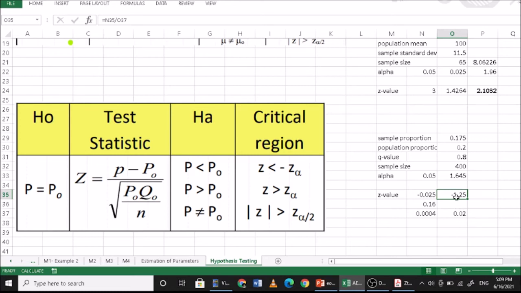Okay? And negative 1.25 is greater than negative 1.645.